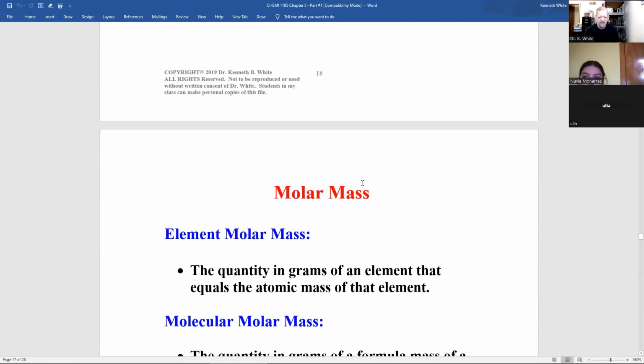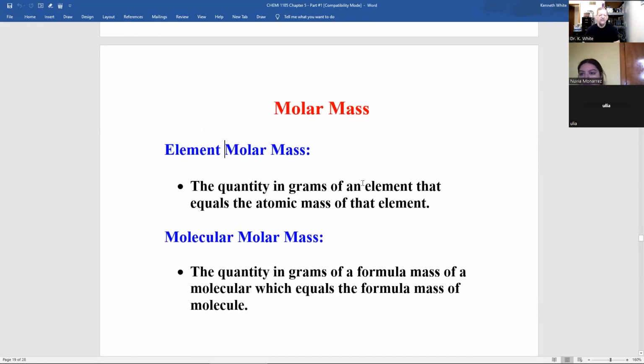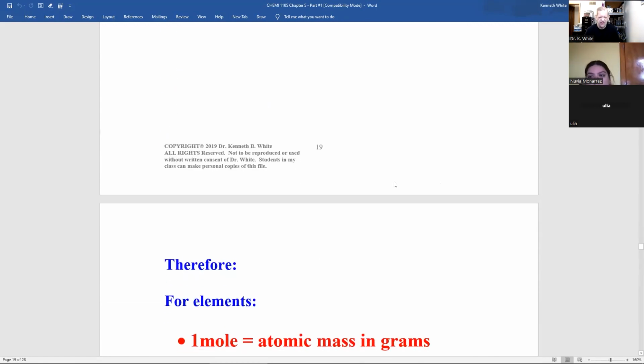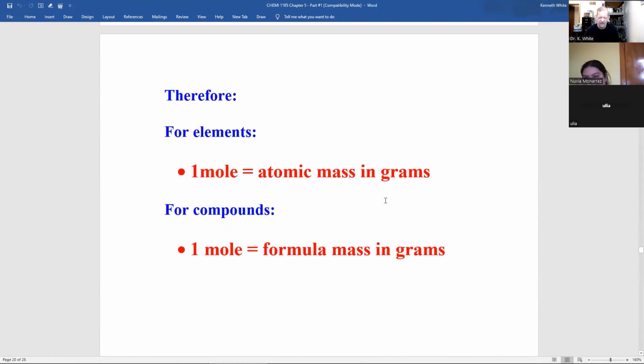And we did some practice time last week. Next, I talked about an important concept, the relationship between mole and mass, meaning weight. And I'll never ask you to learn these definitions, but this is a better way of remembering it. 1 mole of an element equals the atomic mass or weight in grams.